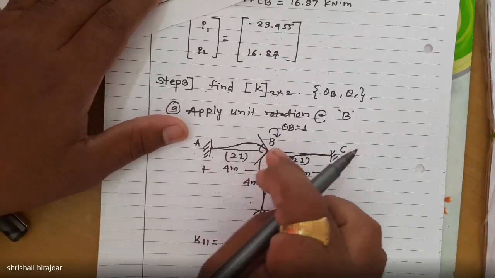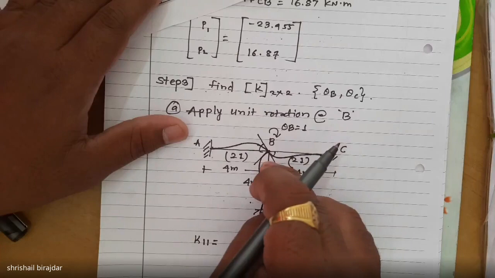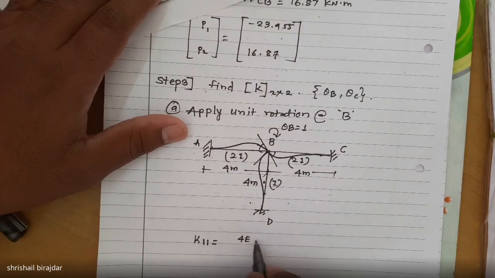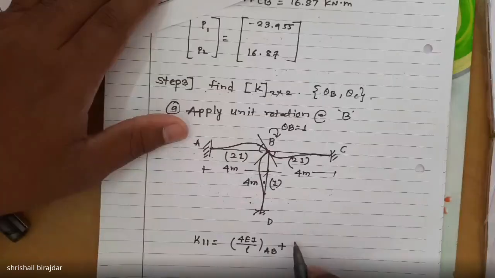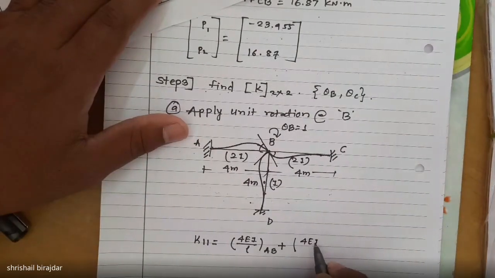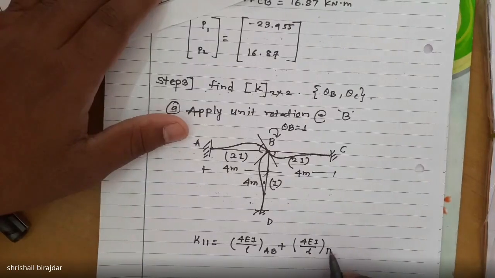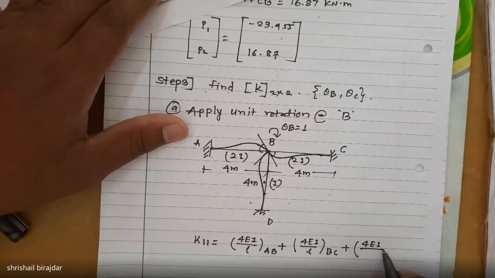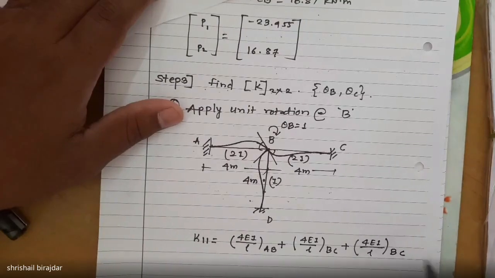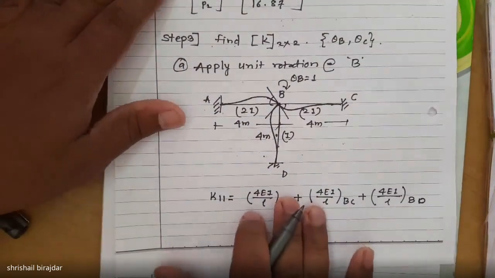You just take 4 EI by L, 4 EI by L, 4 EI by L. The 4 EI by L for AB, 4 EI by L for BC, and 4 EI by L for BD. Are you getting this particular point?